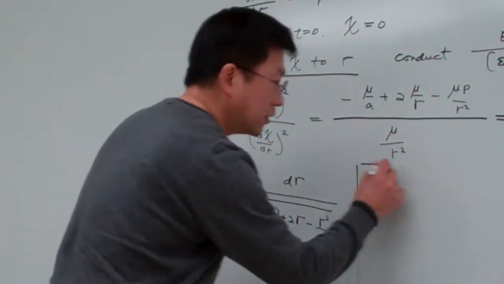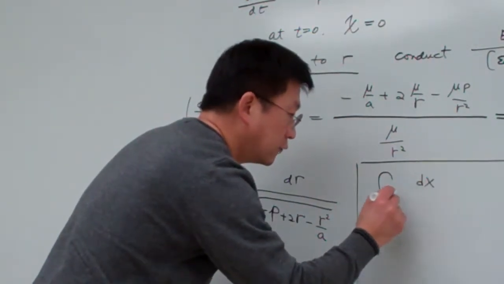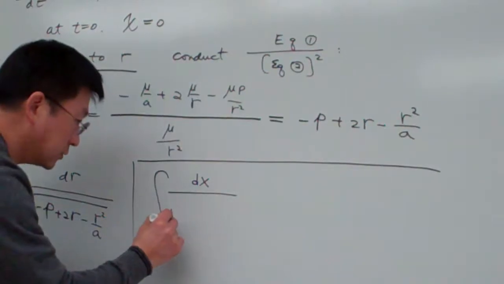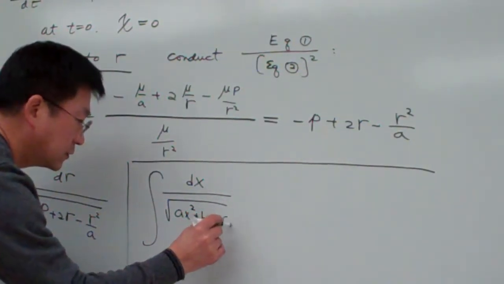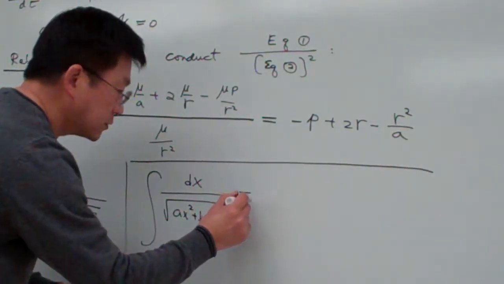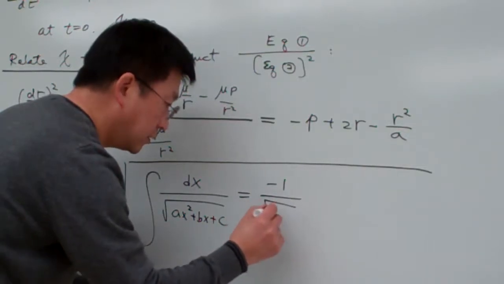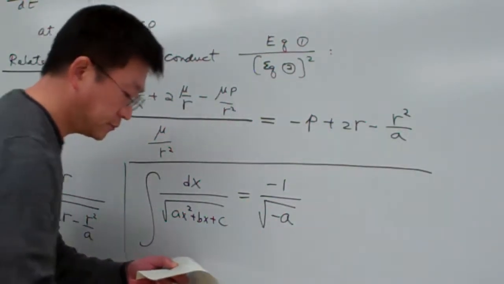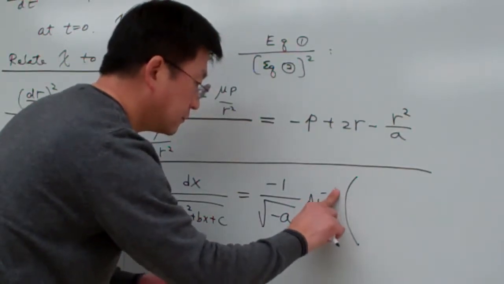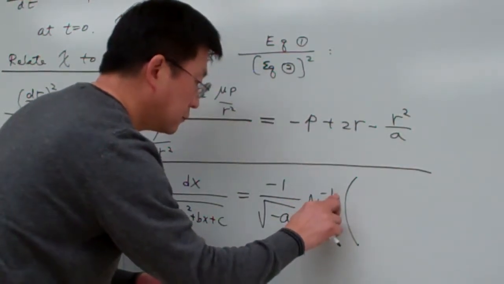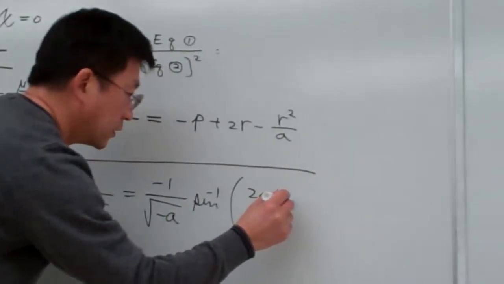So using that equation, and that equation is this. That is for the indefinite integral of 1 over the square root of ax squared plus bx plus c. And this one, under the situation, can be equal to minus 1 over square root of minus a times arc sine of the expression with ax plus b.